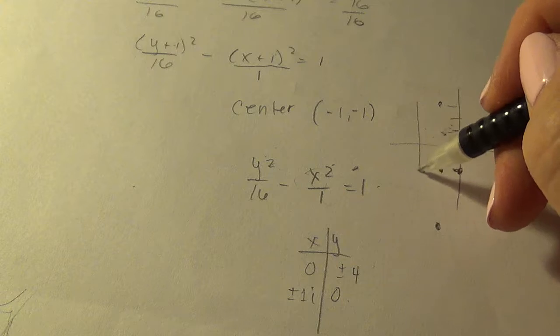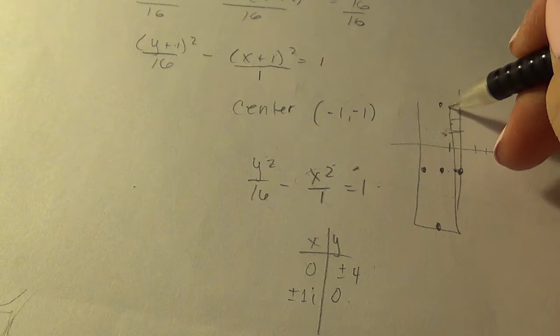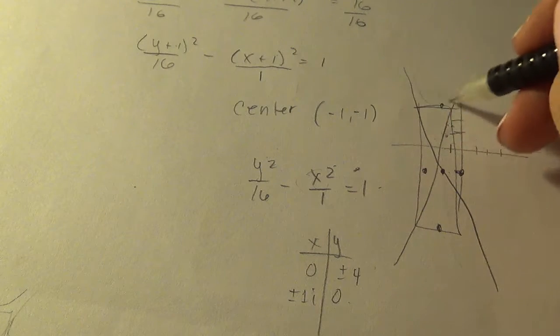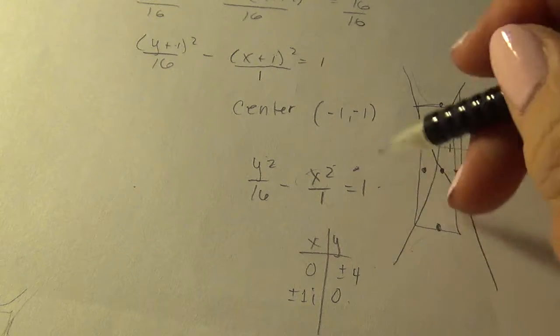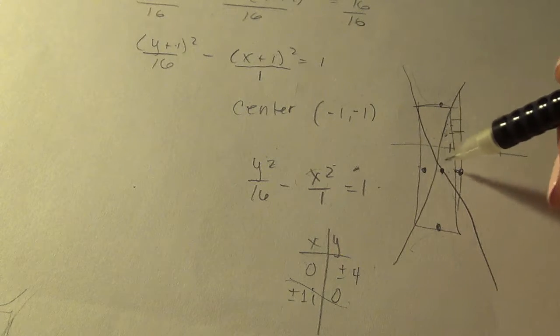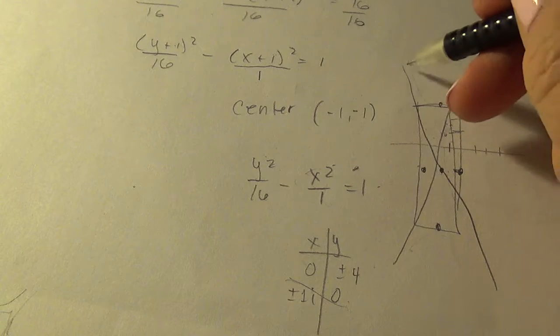Create a box. Put in the diagonals. And the hyperbola is either going to go like this or like this, but we know it's not going to be on the imaginary side, so it's not this way, it's going to be this way.